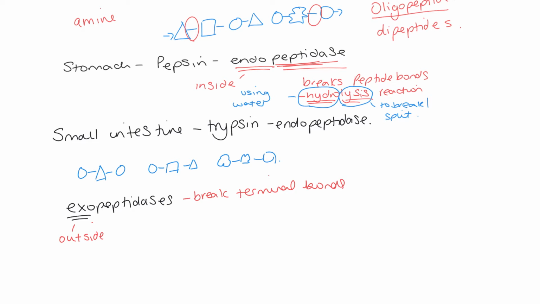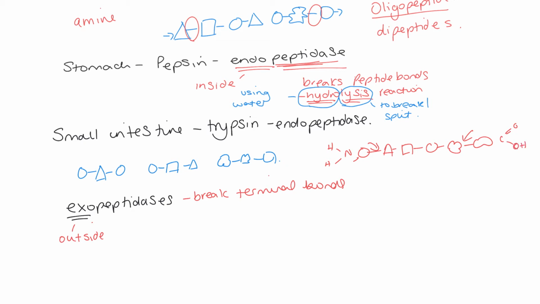So in this case, say we had a long polypeptide chain like this one. We're talking about these ones here. These are the terminal bonds. So remember how we said before that on one end you've got the amine group pointing out, and on one end you've got the carboxyl group pointing out.